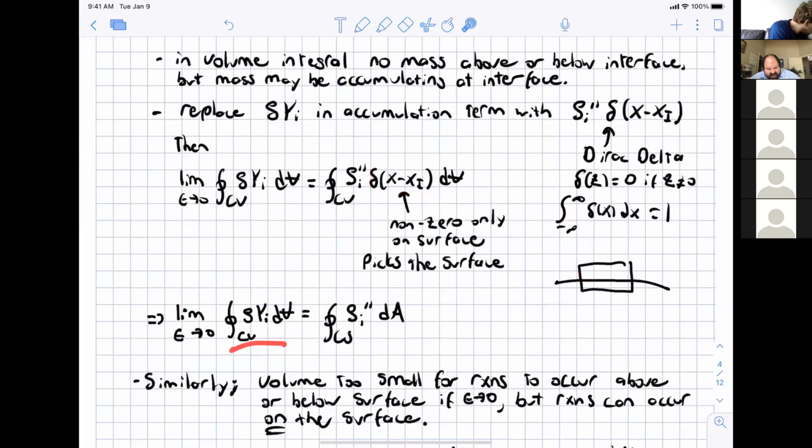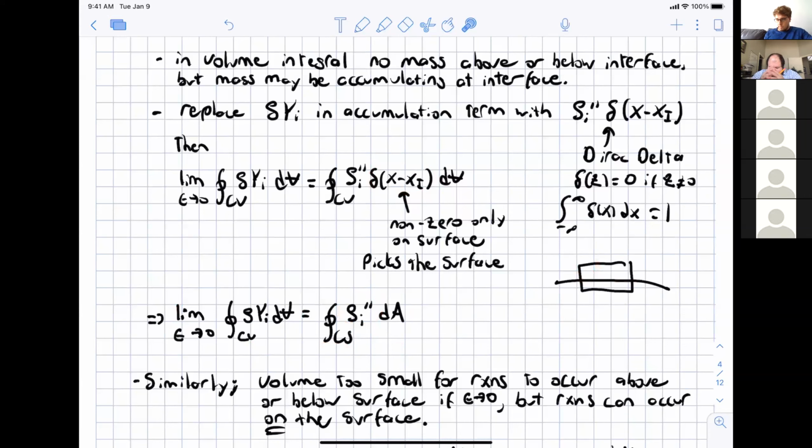So we are not changing this integral as epsilon tends to 0, because the Dirac delta function is non-zero only on the interface. That means we've turned our volume integral into a surface integral of the site species.